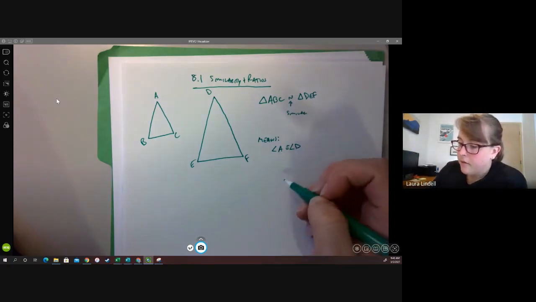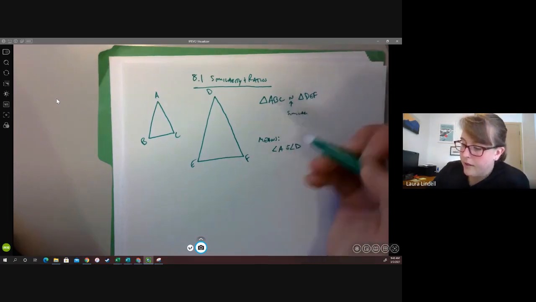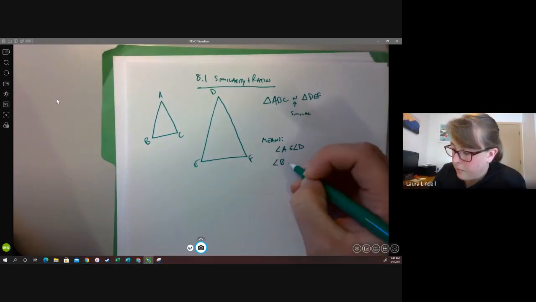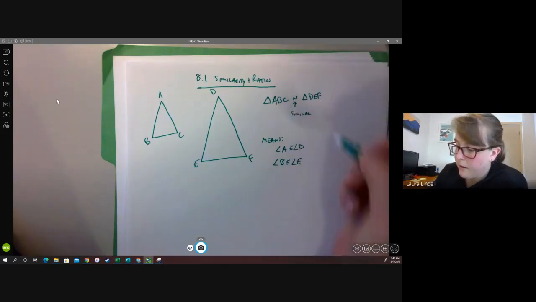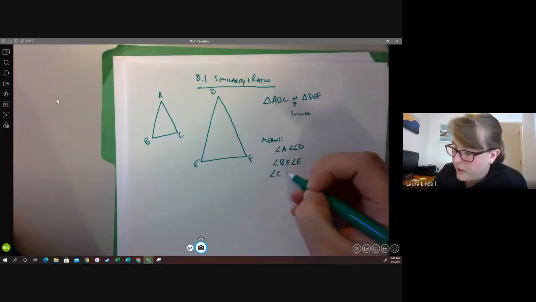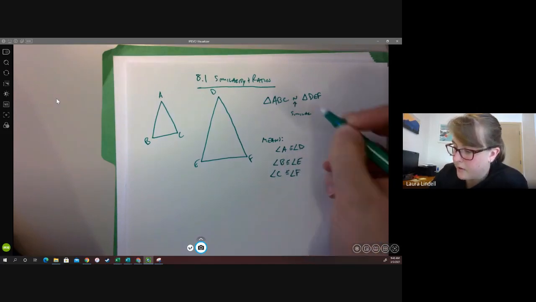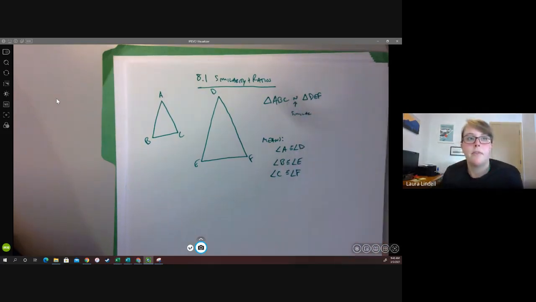So angle A is congruent to angle D because they're both the first letter. Angle B is congruent to angle E because they're both the middle letter. And then angle C is congruent to angle F because they're both the last letter. So far, we have the same thing going on as we did with congruence.